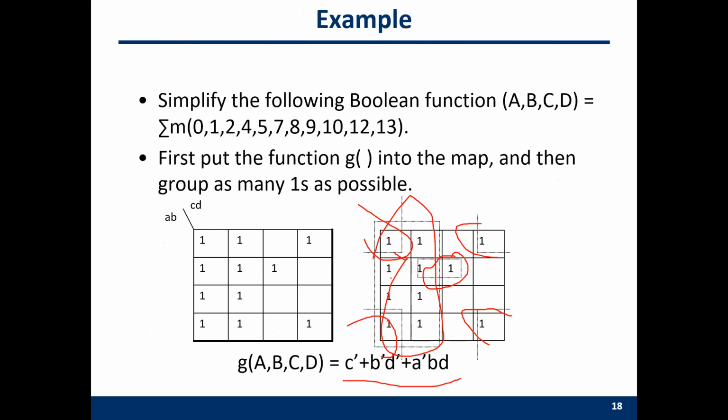The largest one, this eight-box group, can be written as C. Then this small group can be written like this. And this four-box group can be written as B bar and D bar.